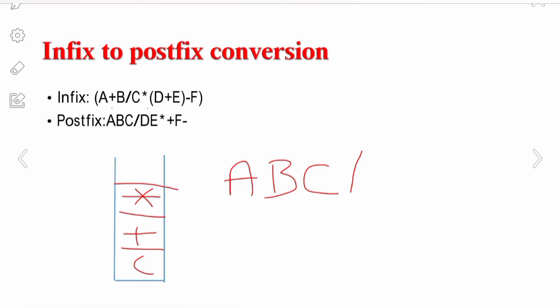Next we insert the open parenthesis, then write the D value here, and then push the plus operator. Next write the value E here, and then we push the closing parenthesis.